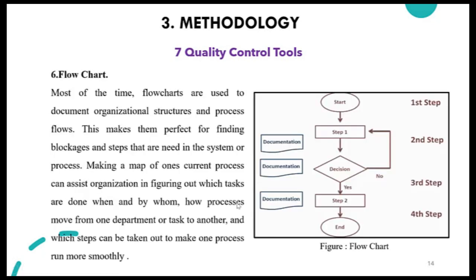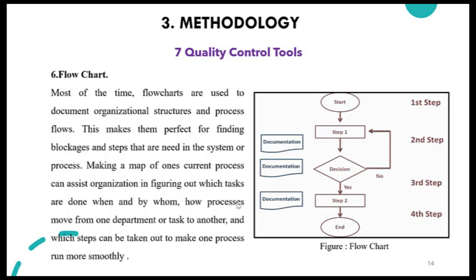The next tool, number 6, is the flowchart. Most of the time flowcharts are used to document organizational structure and process. This makes them perfect for finding blocks and steps that are needed in the system or process.